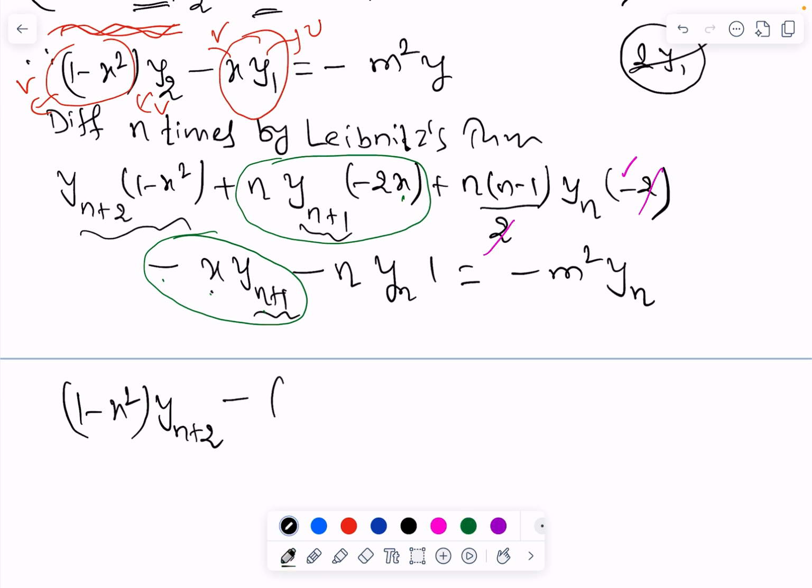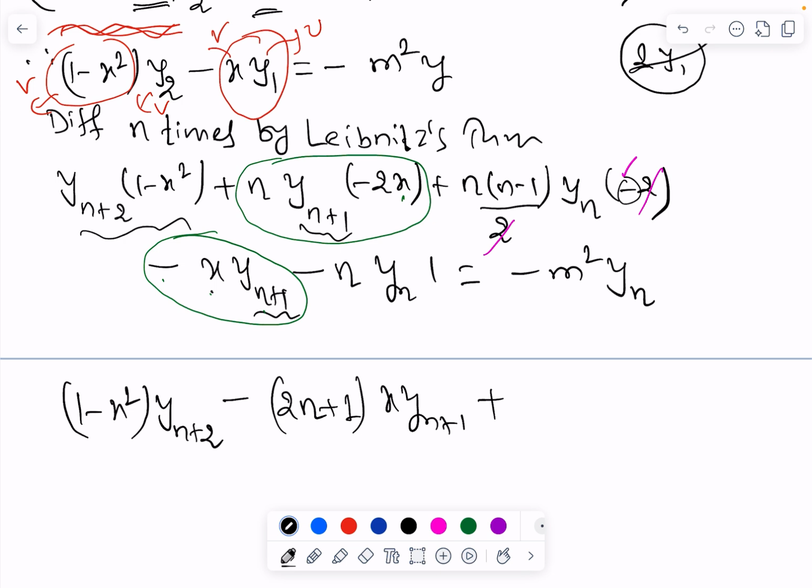So negative sign x yn plus 1, negative sign x yn plus 1. So here we have 2n, and here we have 1. Plus, now this negative sign consider.